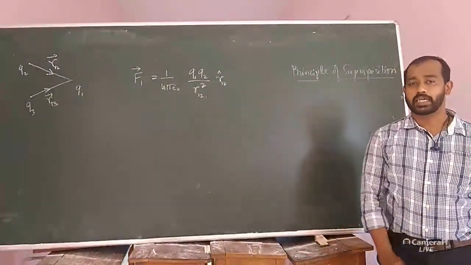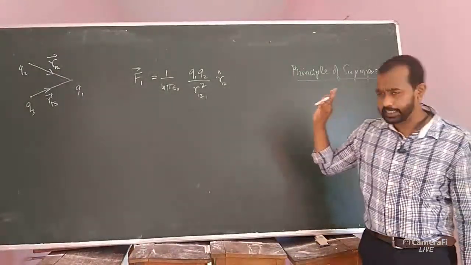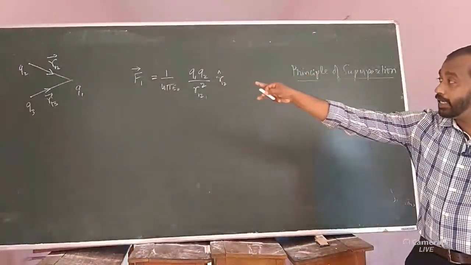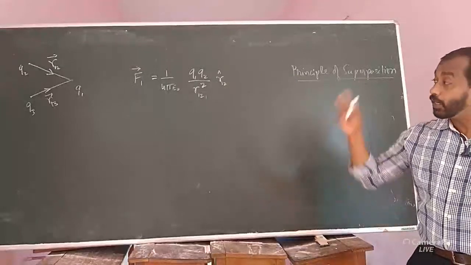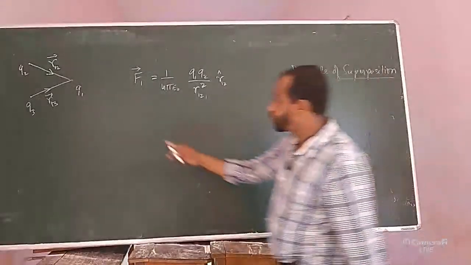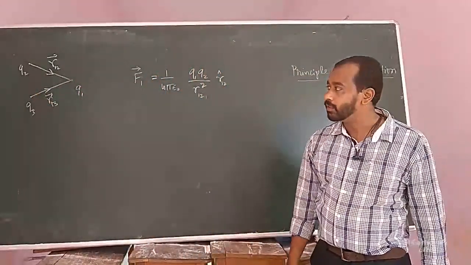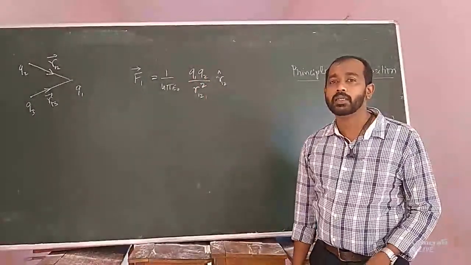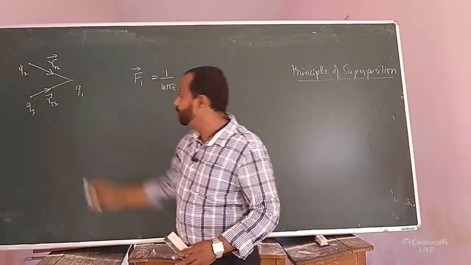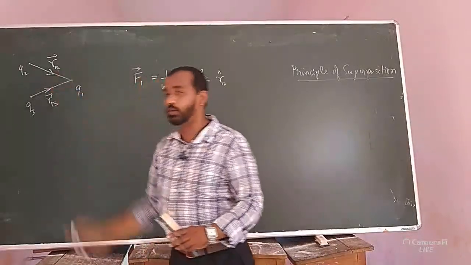But actually, what is the direction of F1 in that diagram? That is important. Mathematical expression is important, but more than that, understanding the concept is important, where we can find out the actual direction of the F1 here. Since these two charges are positive, as we have imagined, there is a force of repulsion, and also we are interested in the force acting on the Q1 only, not on the Q2 by the Q1, only the force on Q1 due to the Q2.